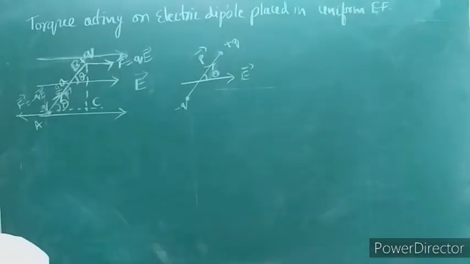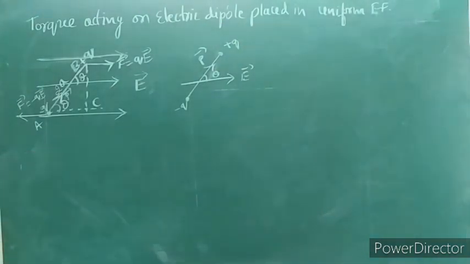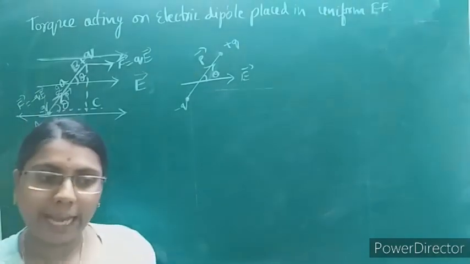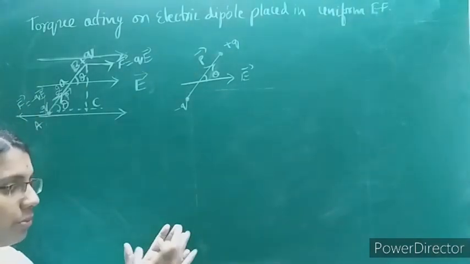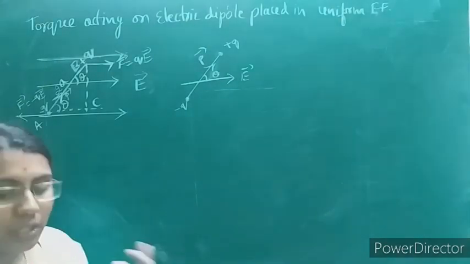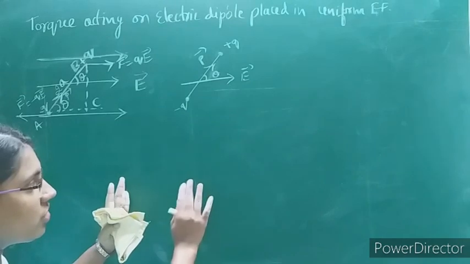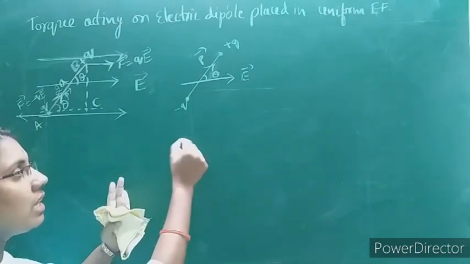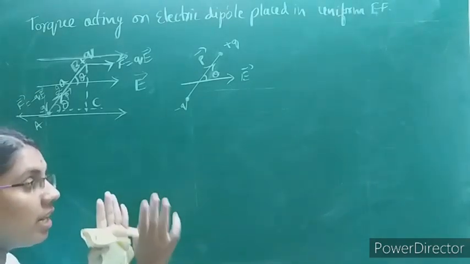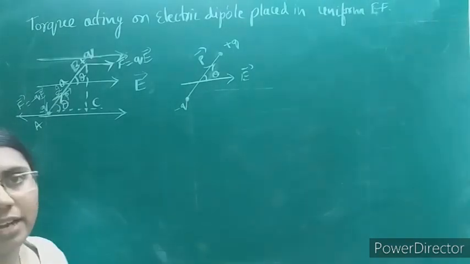Dear students, in today's class, let us discuss torque acting on an electric dipole. If we place an electric dipole in the presence of a uniform electric field. Uniform electric field means if we consider any region, the electric field at any point in that region is equal in both magnitude and direction.